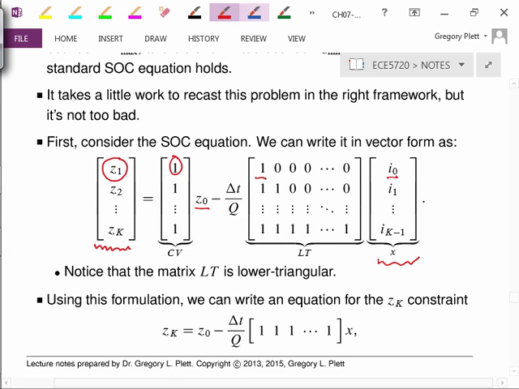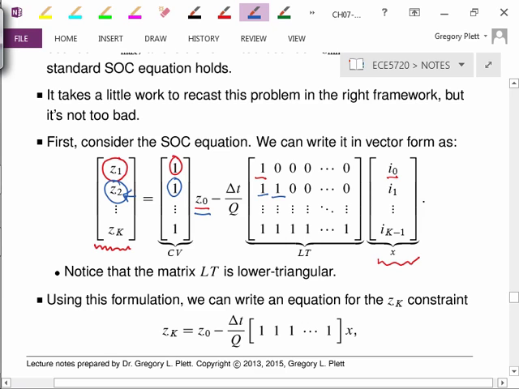Z2 is equal to Z0 minus delta t over q times 1 times I0 plus 1 times I1. If you go back to that summation formula, I'm summing up all of the i's at time less than or equal to the final time here that we're looking at, time 2.